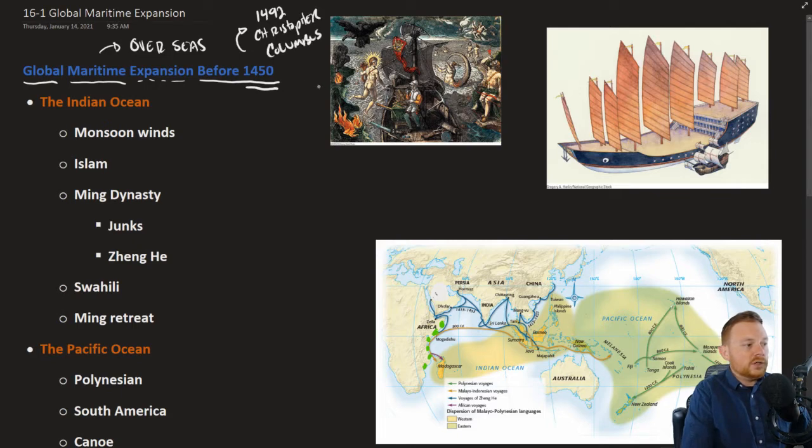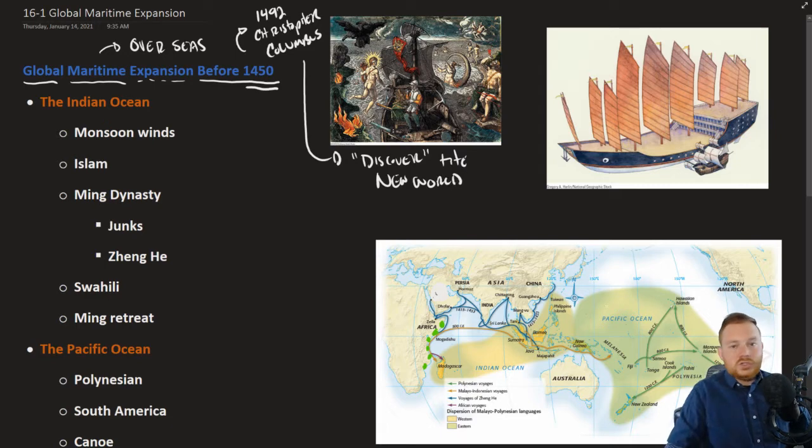And what Christopher Columbus did, of course, was to quote-unquote discover the New World, right? And so simply this chapter is kind of looking at how did other civilizations around the world explore and expand overseas before this monumental event, which of course would go on to dramatically change and dramatically alter world history.